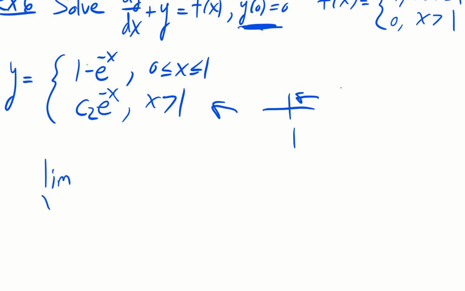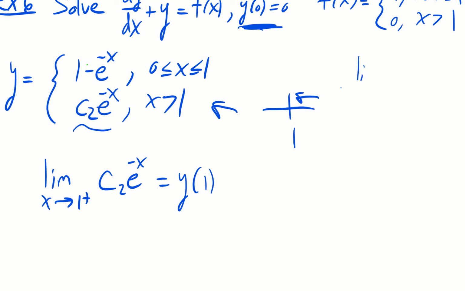We're going to need the limit as x approaches 1 from the right. That's going to be this portion of the curve. This should be equal to the value of the function at that point. It should be equal to y of 1.